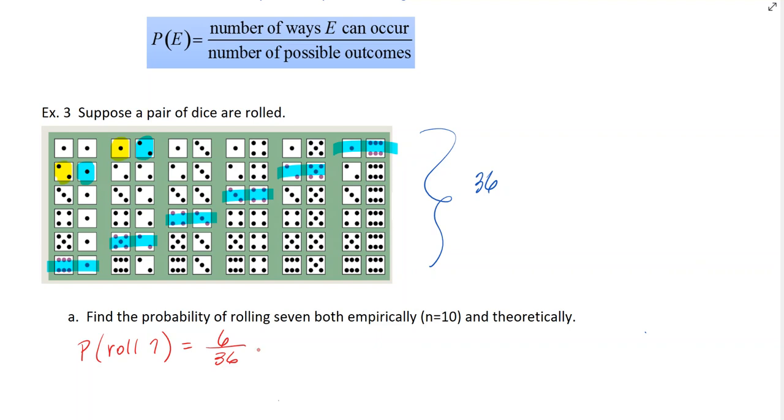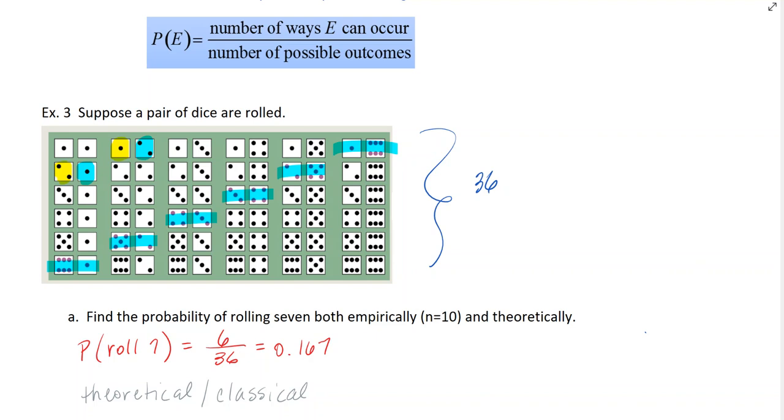So 6 out of 36. When I divide that, I find my decimal value is 0.1667. This method of finding probability using a math formula is what we call the theoretical, or classical, method. If you think about math being theory, that's where we're getting this theoretical method from.